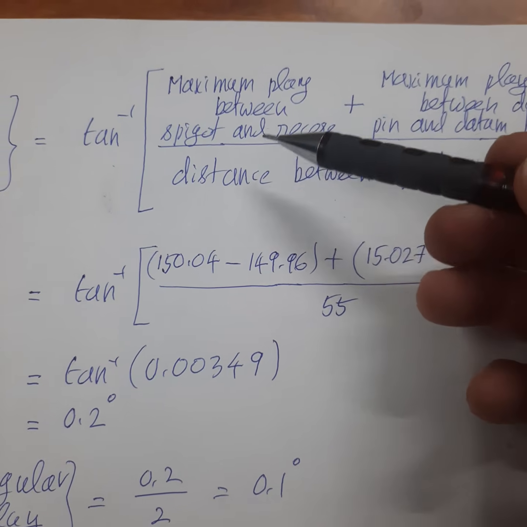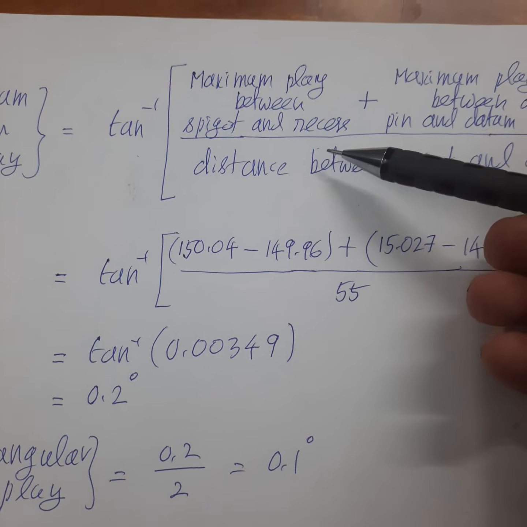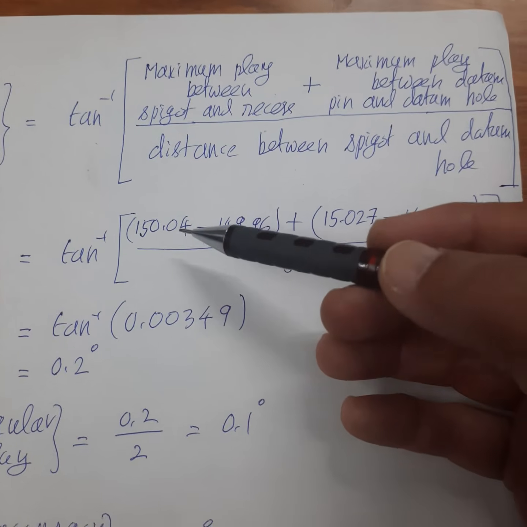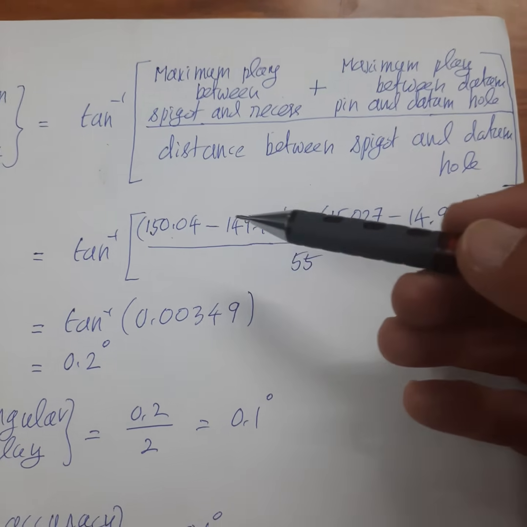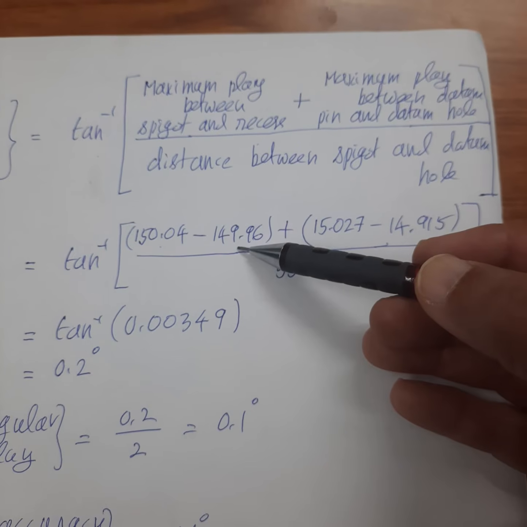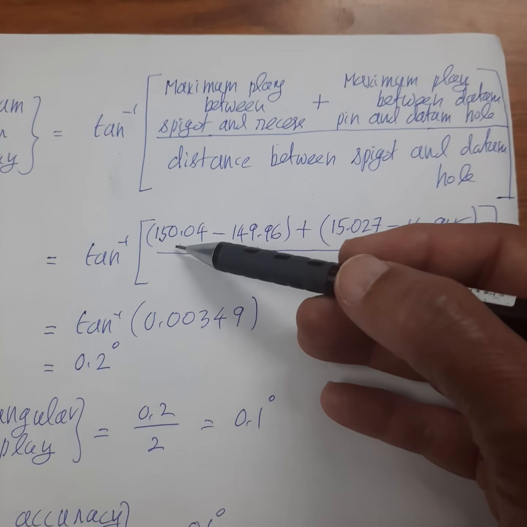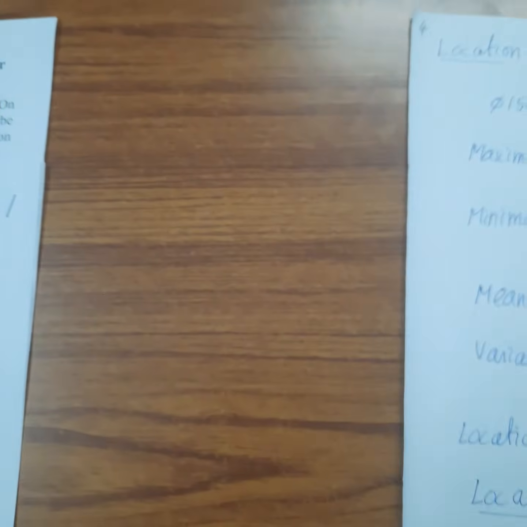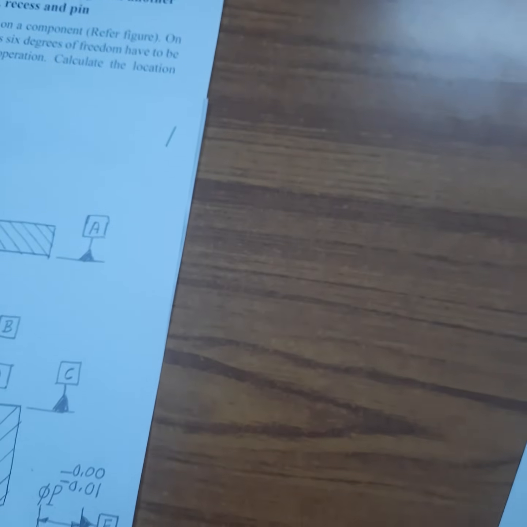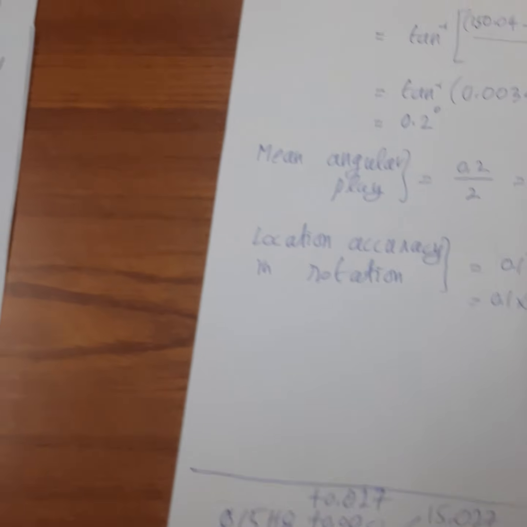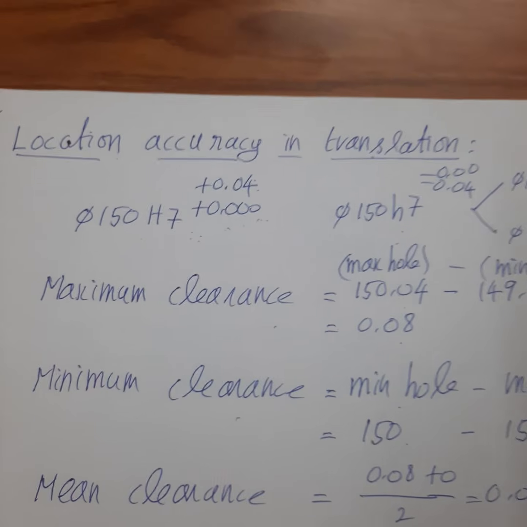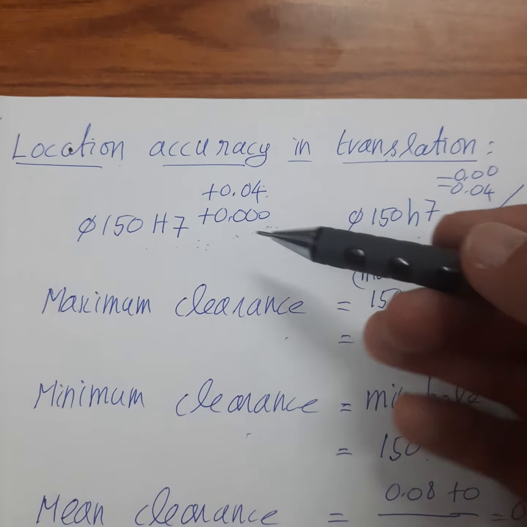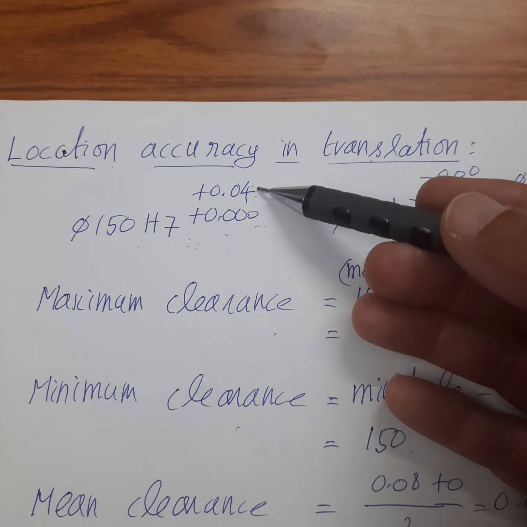The maximum play between the spigot and recess is expected when you have the maximum size of the hole minus the minimum size of the shaft. The maximum size of the recess is 150.04. So now this is the size of the recess, 150.04 is the maximum size.